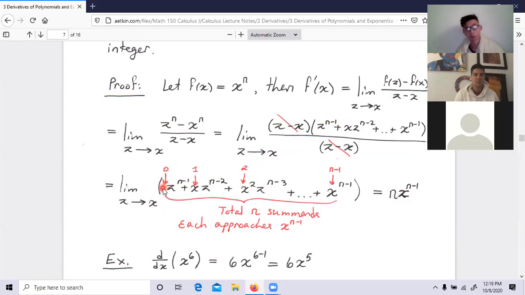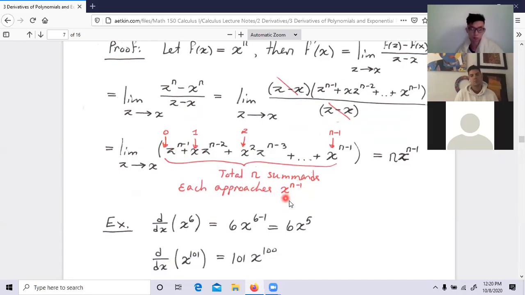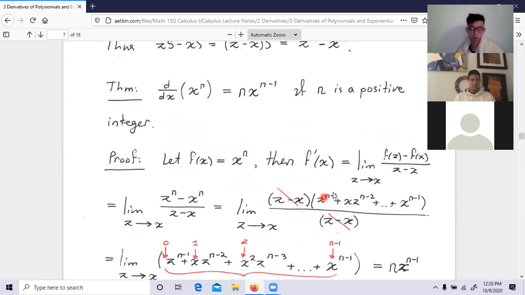So I see that I have 0 x's here, 1 x, 2 x's, all the way from 0 to n minus 1 x's here, right? So I have a total of n summands. You understand? N summands. So that's why it's the same number. It's n times x to the n minus 1. Did you follow my explanation, guys? I went fast. I hope that means you understand why that formula works.